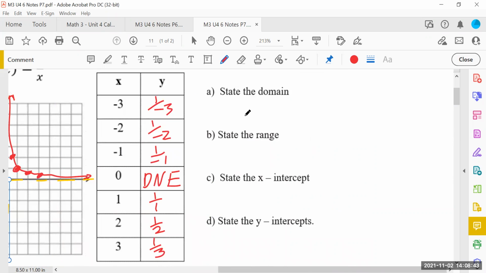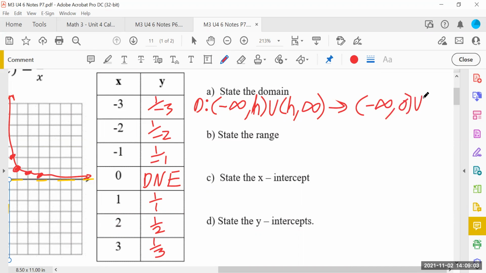The domain. This graph covers all the x values except for the asymptote. So the domain will always be -∞ to h and h to infinity. So I'm going to write this as -∞ to 0 and 0 to infinity. That is my domain for this graph.